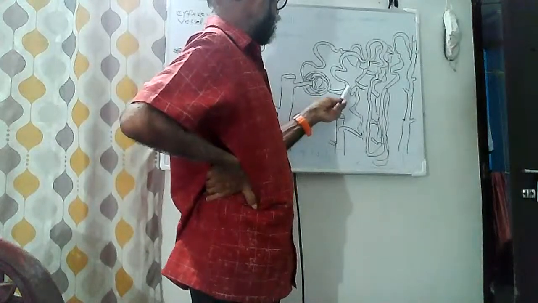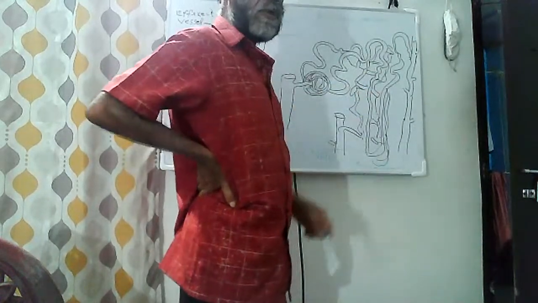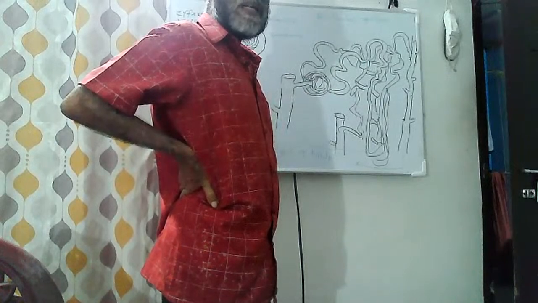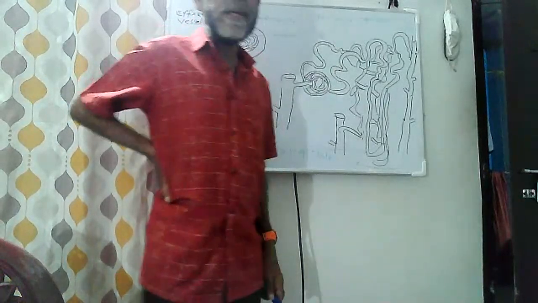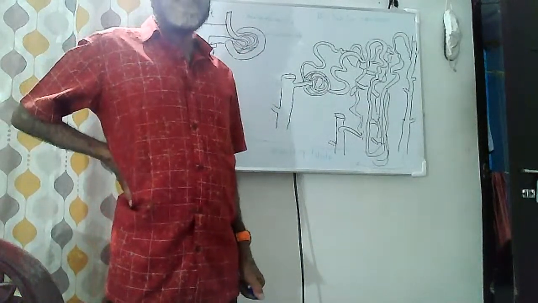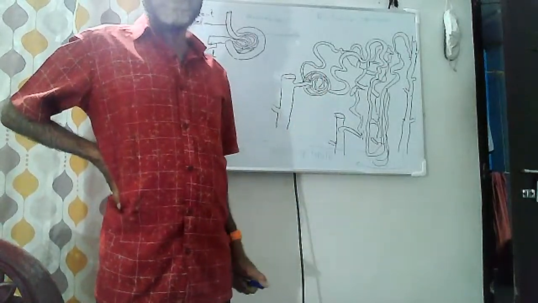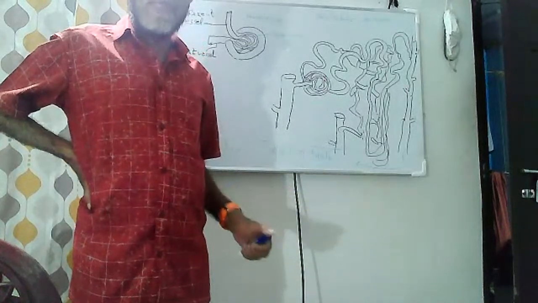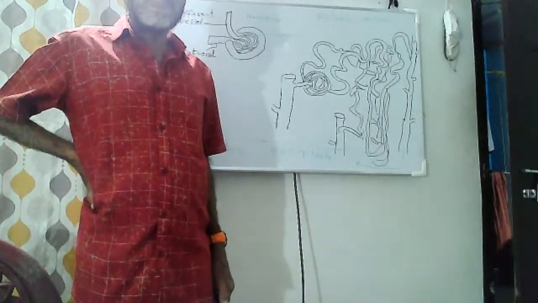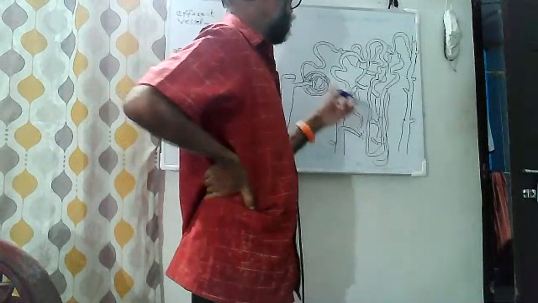It is the nephron. We are studying about the ultrafilters. There are about 12 lakh, that is 1.2 million, ultrafilters in the kidneys.